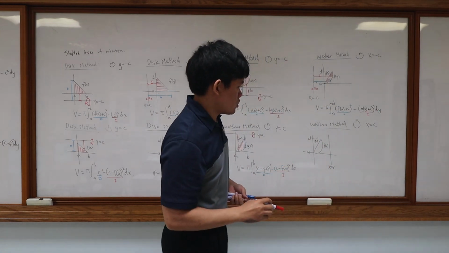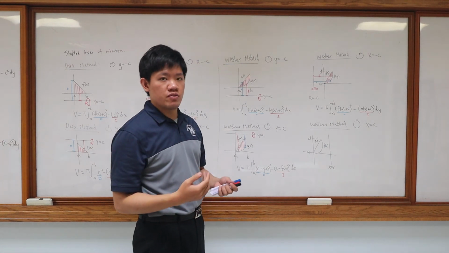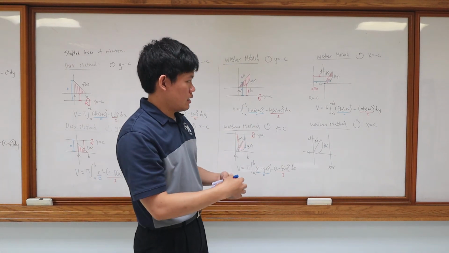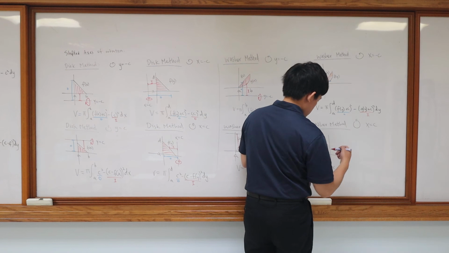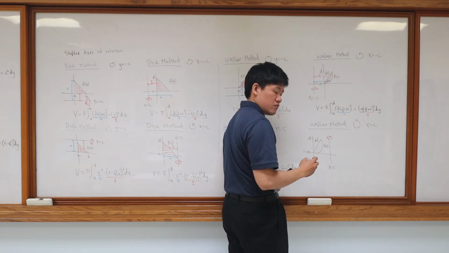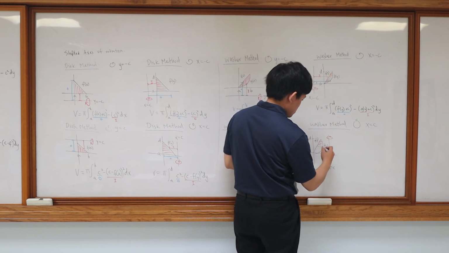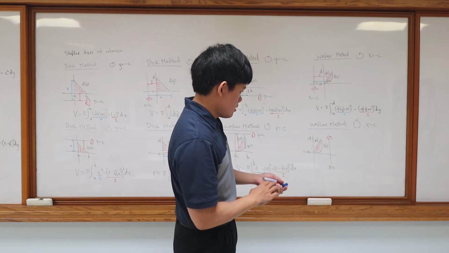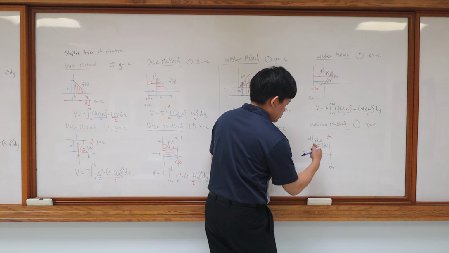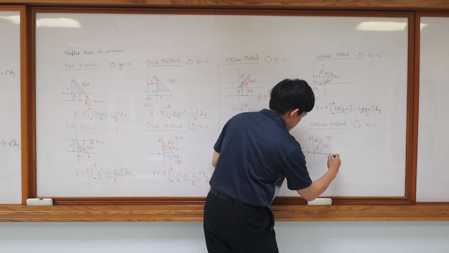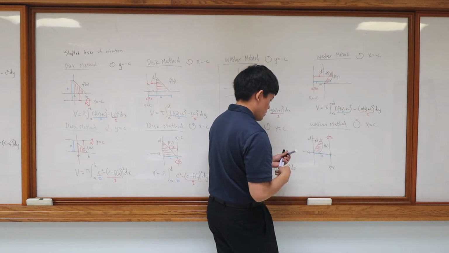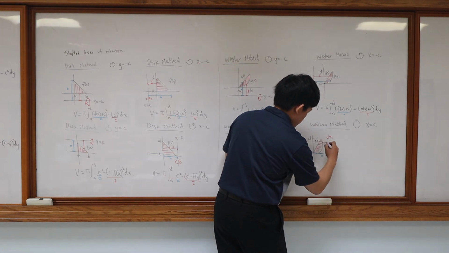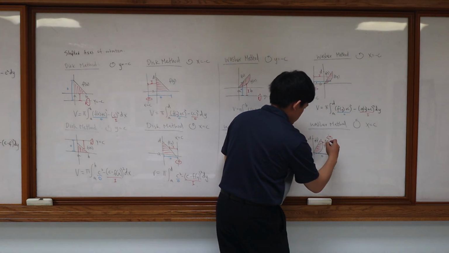Okay? Now, the washer method where the axis of rotation is to the right of the y-axis. It's on the right side. So, again, axis of rotation signifies that, and cross sections are perpendicular to the axis of rotation. So that means my outer radius is from g of y to my axis of rotation, that's my outside. My inside function is going to be from f all the way to c, so that's my inside function.